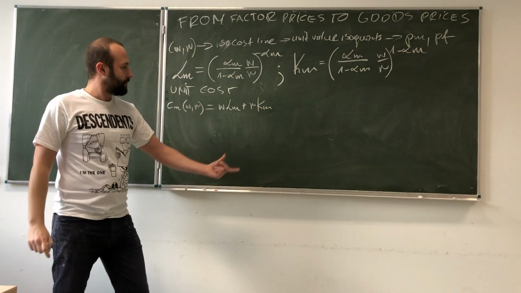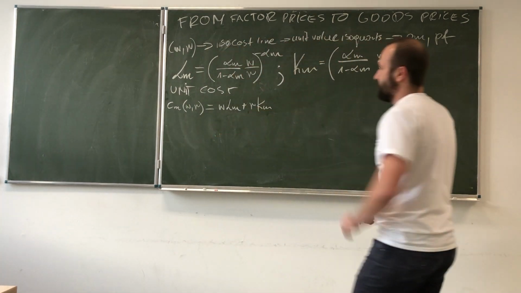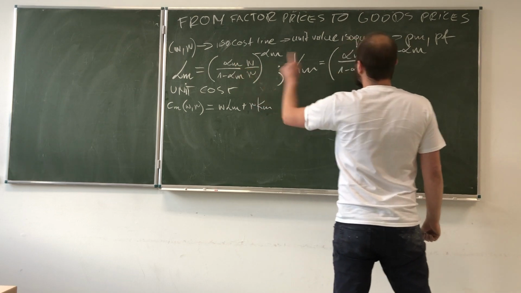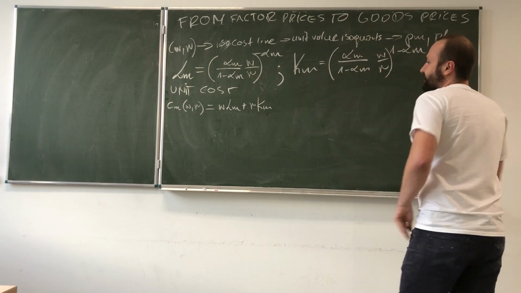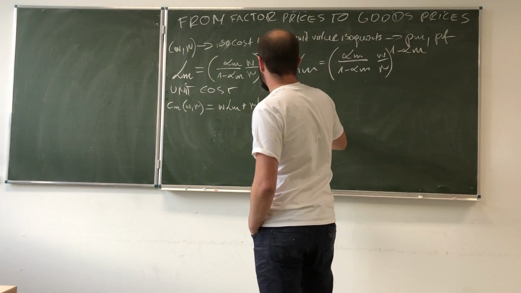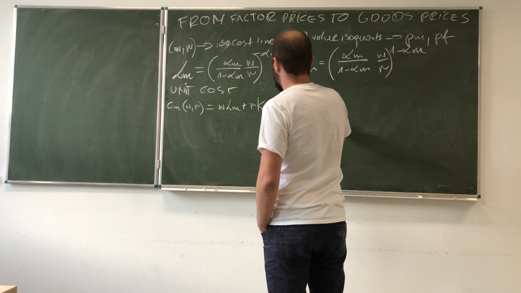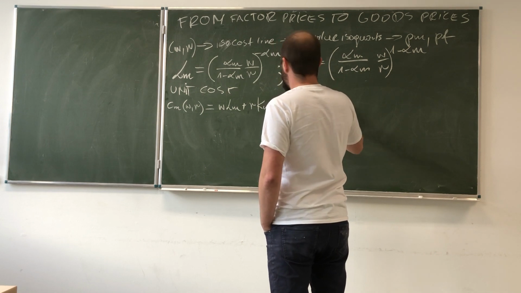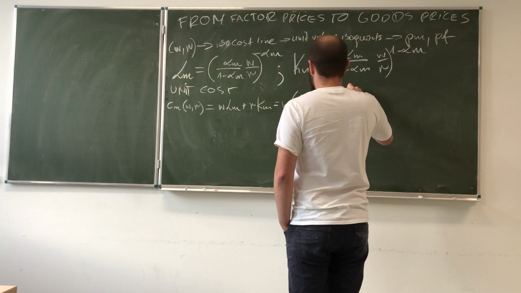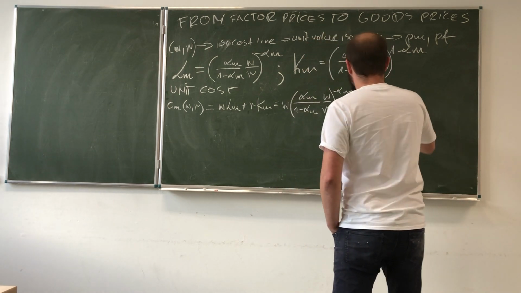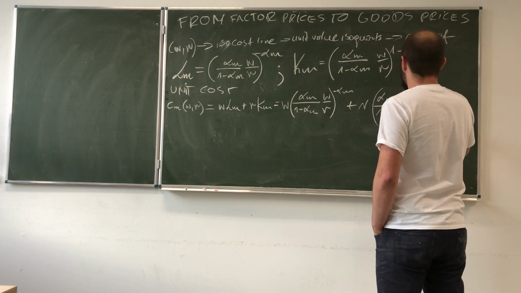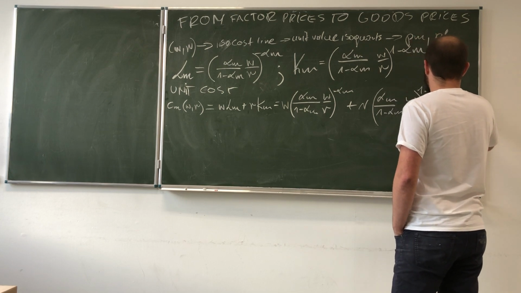So labor cost, capital cost. Now we can take those two expressions and put them instead of l_m and k_m. So we've got w times alpha_m over 1 minus alpha_m, w over r to the power negative alpha_m, plus r alpha_m over 1 minus alpha_m, w over r to the power 1 minus alpha_m.